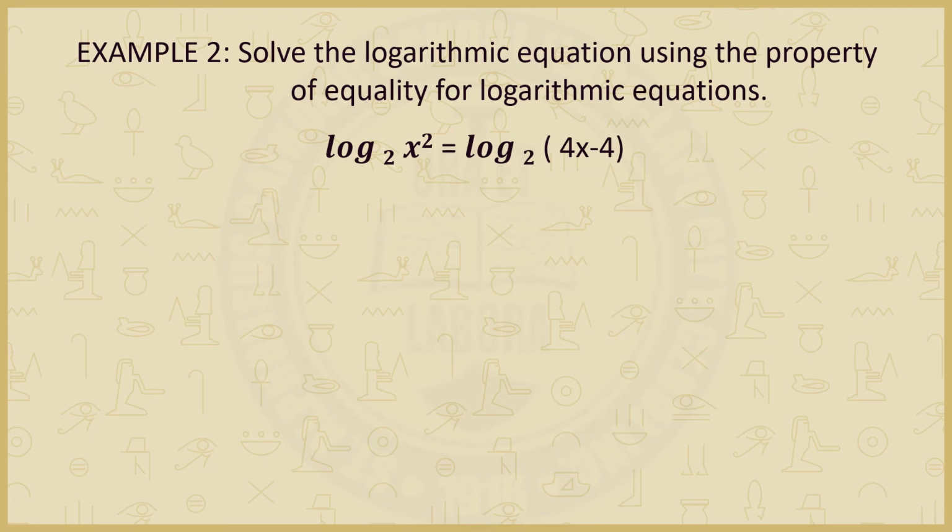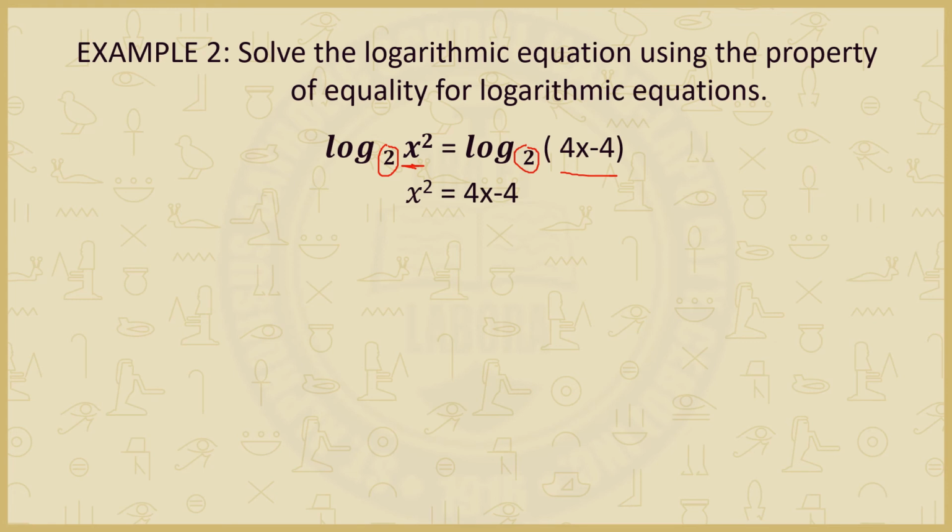Now, again, we are going to use the property of equality for logarithmic equations because the bases here are the same. So if the bases are the same, then x squared and 4x minus 4 should be equated. So our equation will become x squared is equal to 4x minus 4.